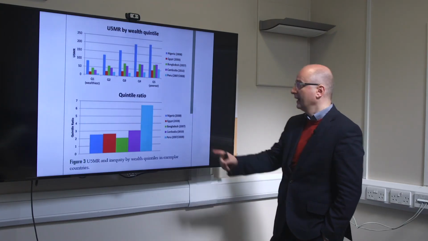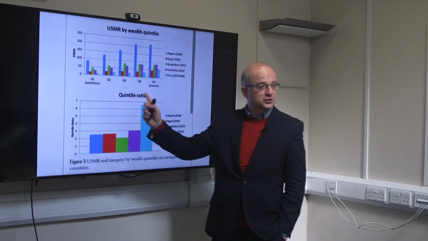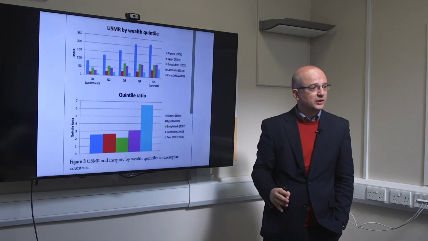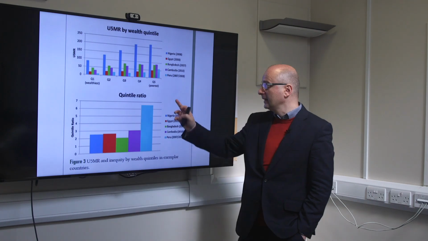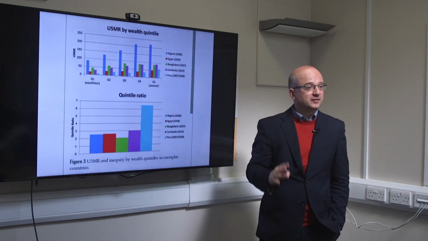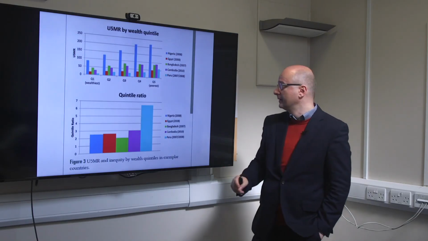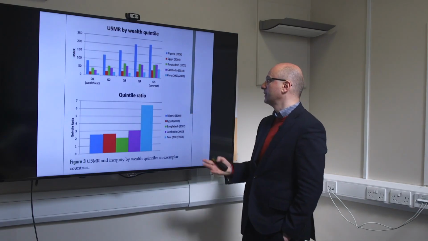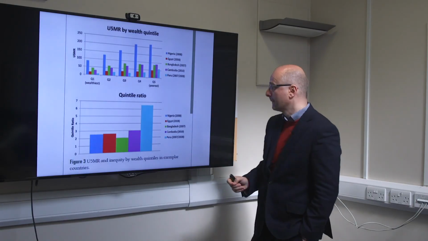And that was to show how vast the differences in under 5 mortality rate were within these countries. And that gave us the burden for those 5 countries by equity strata from the DHS, all from similar years between 2007 and 2010.